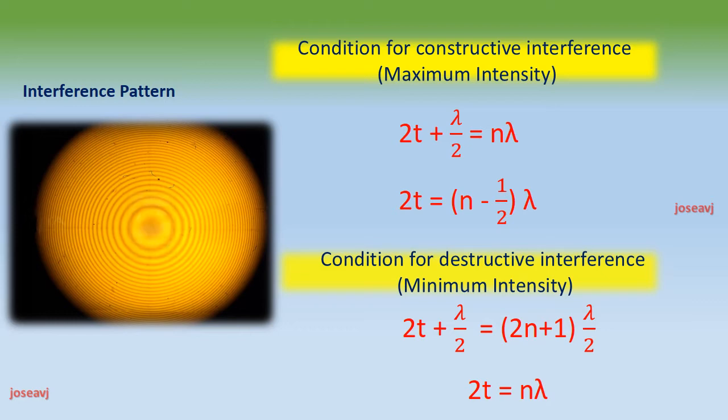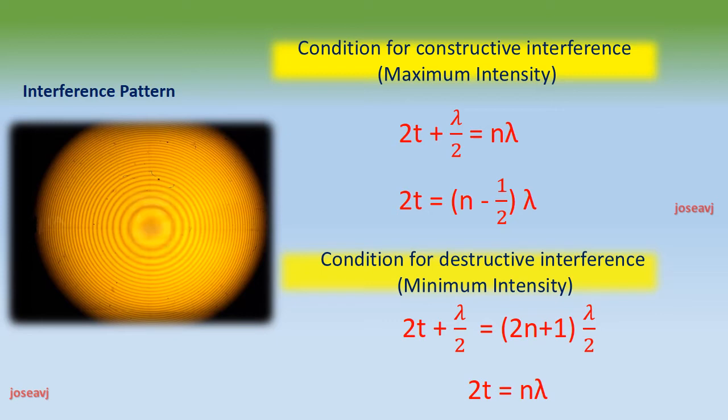From the expressions for maximum and minimum, we understand that if we know the thickness of the air film, then we can find the wavelength of the monochromatic light. But it is very difficult to measure thickness.